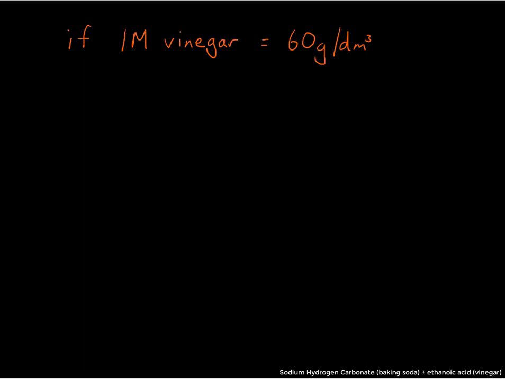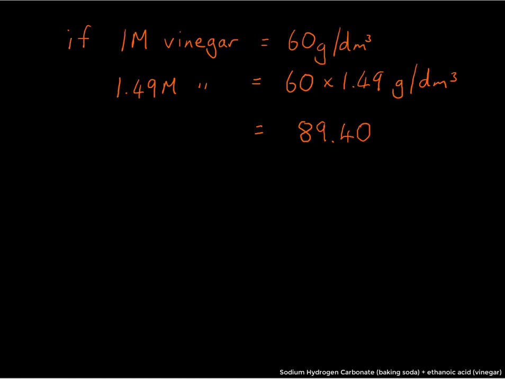If we had 1.49 molar vinegar, that would of course equal 60 multiplied by 1.49 grams per litre. So that's about 89.40 grams per litre.